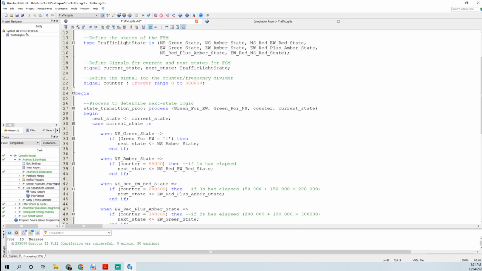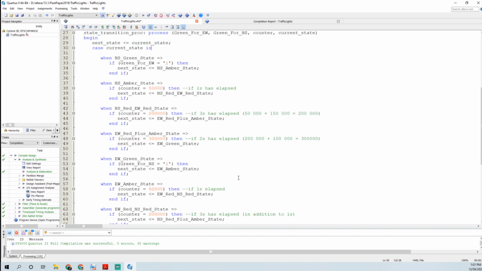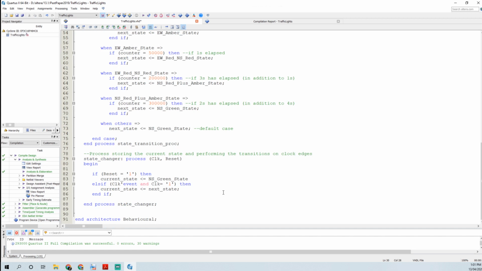So that's the importance of this statement here. It allows me to stay in a state when some condition has not yet been satisfied. And that's quite important because we have these concurrent processes determining the state change and the next state logic. All right, so that takes care of the code for our finite state machine.